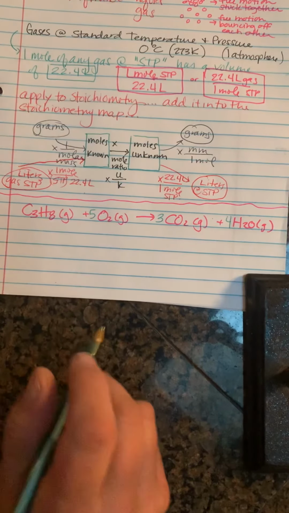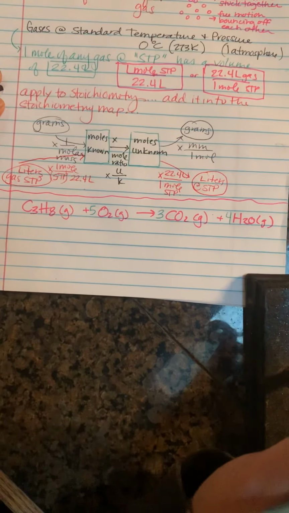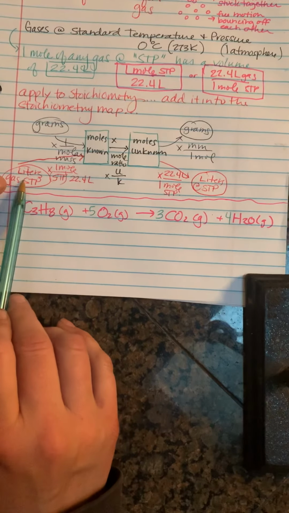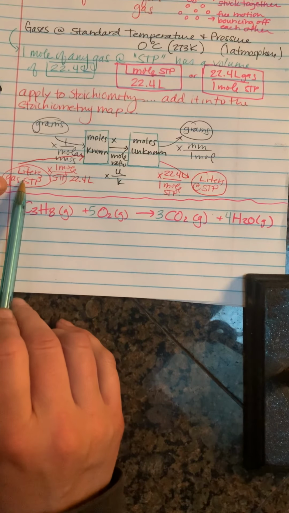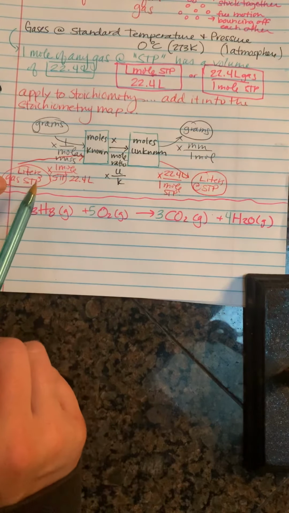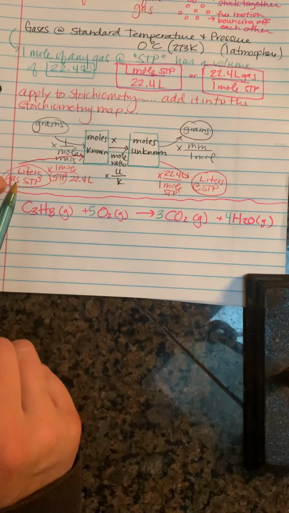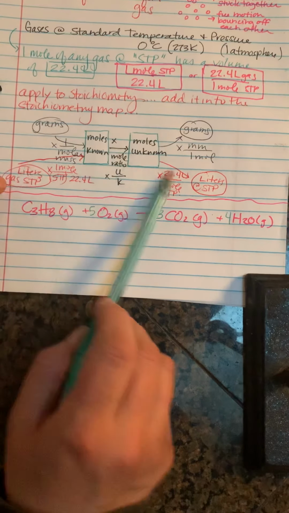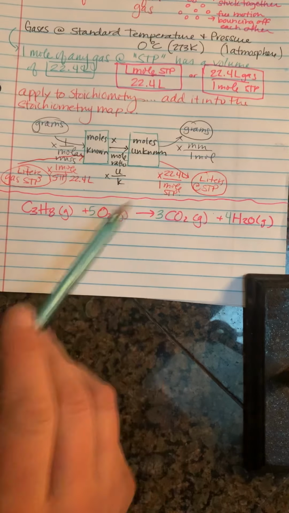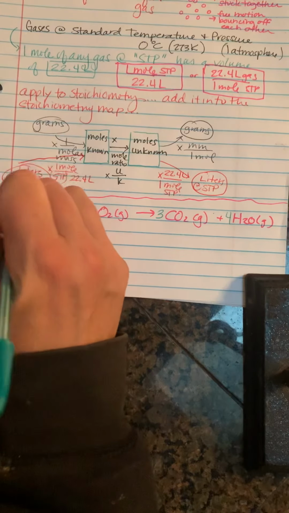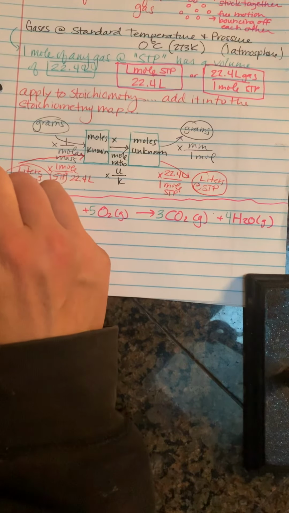Okay, so I'm going to give an example where we're given liters at STP and asked to answer in something else. And then I'm going to do another example where we're asked to answer in liters of gas at STP. So this will be example number 1.